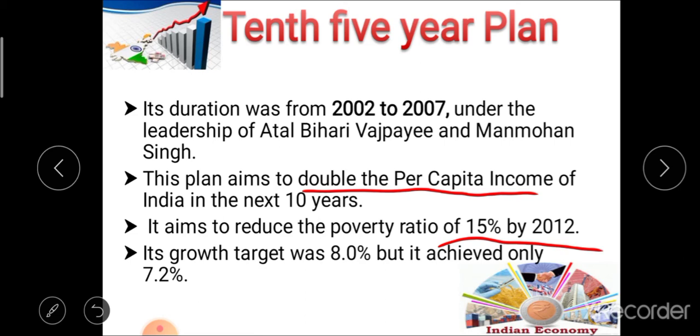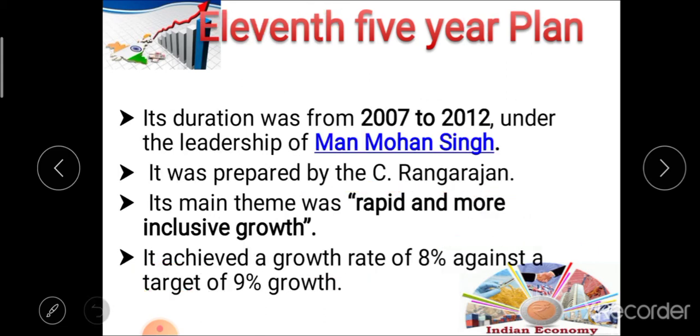The growth rate achieved during the tenth 5-year plan was near about 7.2%, which is somewhat less than the targeted growth rate of 8%. After the tenth 5-year plan, the next one is the eleventh 5-year plan.